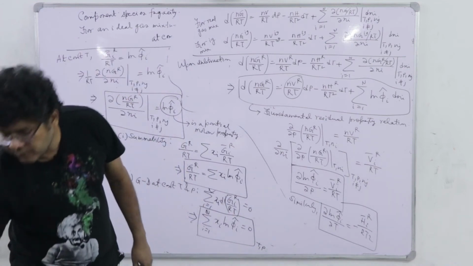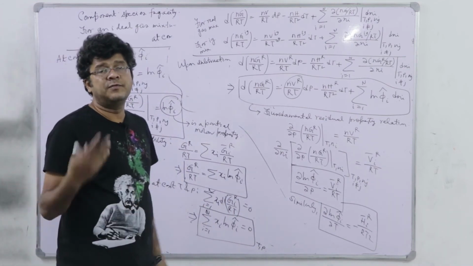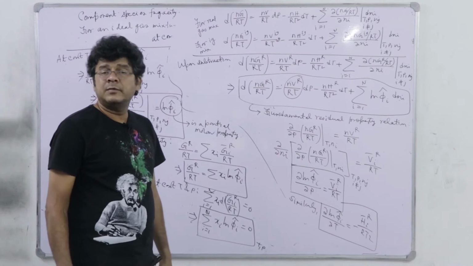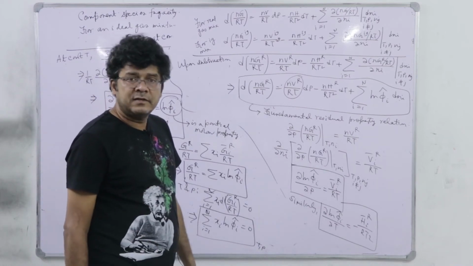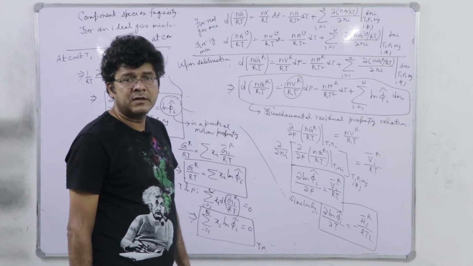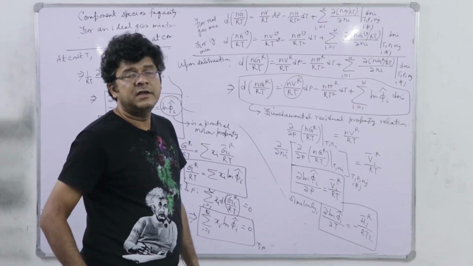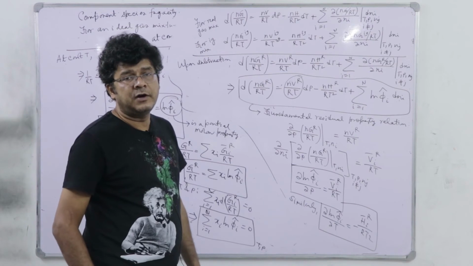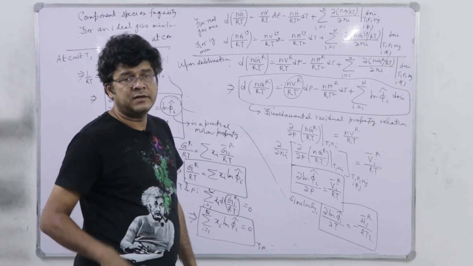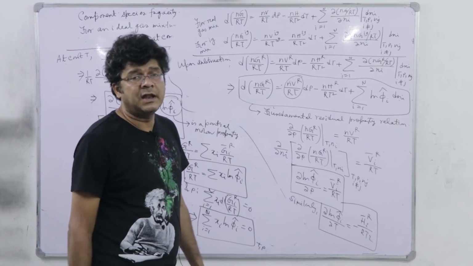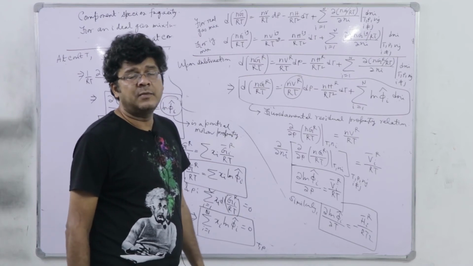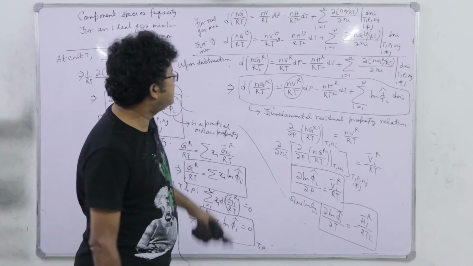So, next, finally, we have to move towards the closure, because similar to phi i, the pure species fugacity coefficient, here also we have to solve for the component species fugacity coefficient, and a measurement protocol: how we can, in real life, measure this component species fugacity coefficient.